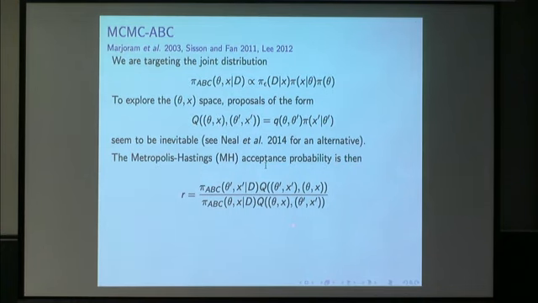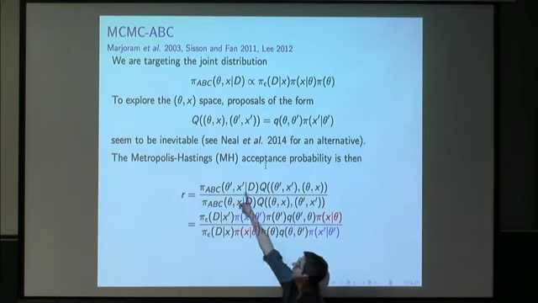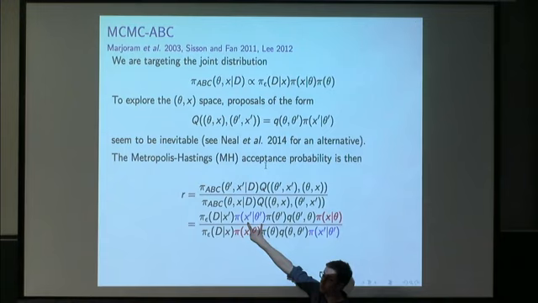So what's difficult in this? If we write down the Metropolis-Hastings acceptance ratio, where Q is just our general proposal for moving from a pair theta x to a pair theta prime x prime, when we substitute in the target, we're going to get the likelihood term in that we don't know. We don't know this term, and we need it to cancel. The consequence is that the proposals we're restricted to are of this form. We want to move in theta x space.